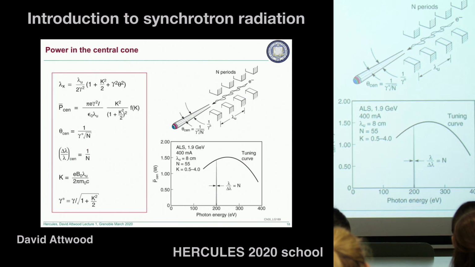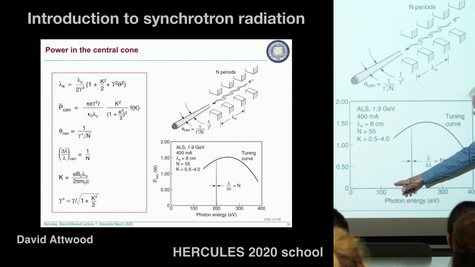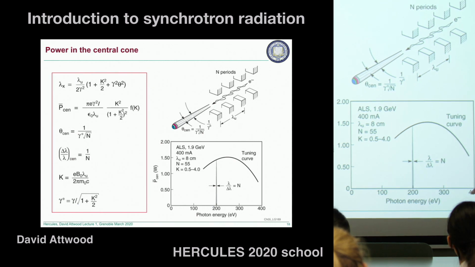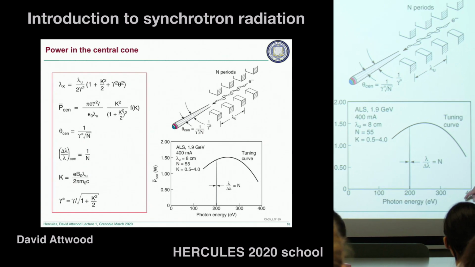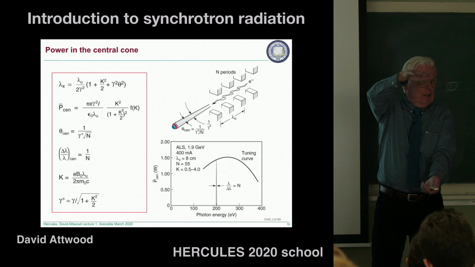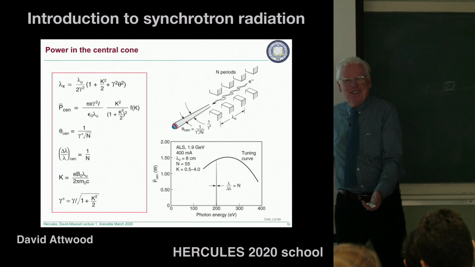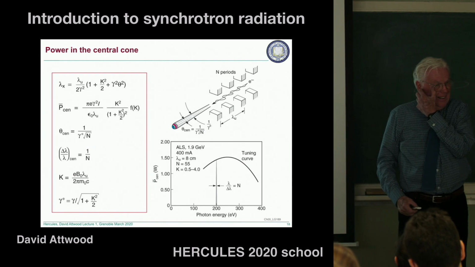So by opening and closing the magnet structure, you can tune with this device over this region from, let's say, 100 to 400 eV. A little bit of a surprise here is which end, when it's the weakest magnetic field, K is the smallest, which end of the curve are we on? Okay.